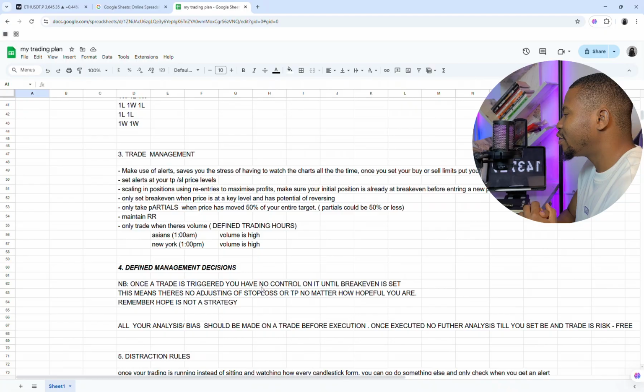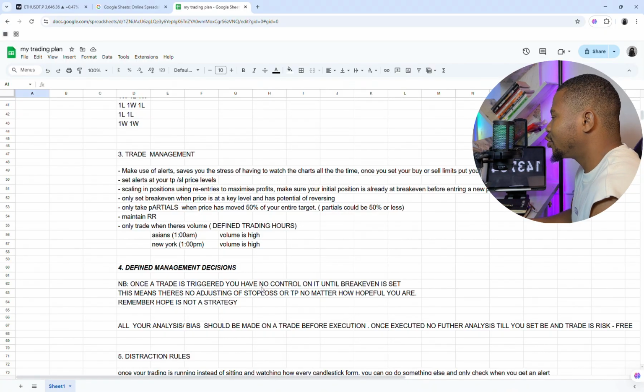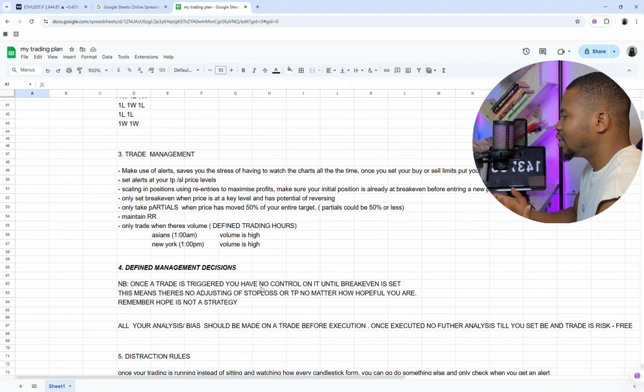Now, this is very, very important, because I've made this mistake a lot of times where I'm in a trade and at some point I started hoping, okay, price might actually come back up. It will be very hard for me to accept that loss. So all I do is adjust my stop loss. Where the stop loss was before, I'll just increase it a bit, because I feel like the market is going to snipe that one, take that stop loss that I had initially and start to reverse.